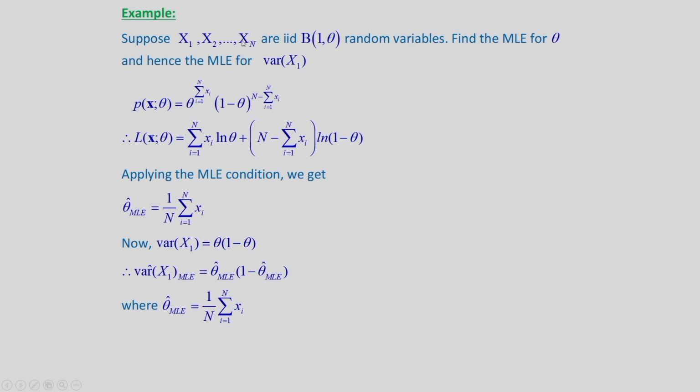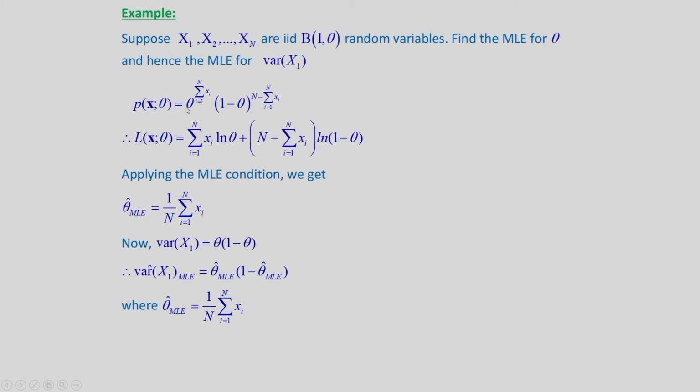We will consider another example. Suppose xi are IID B(1, theta). This is the symbol for a Bernoulli random variable with success parameter theta. So, xi are B(1, theta) random variables. Find the MLE for theta and hence the MLE for the variance of x1. So, here xi are IID Bernoulli. Now, P of x; theta, x is the vector x1, x2 up to xn.